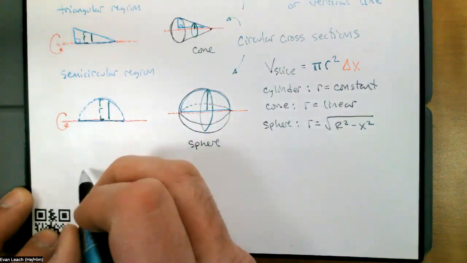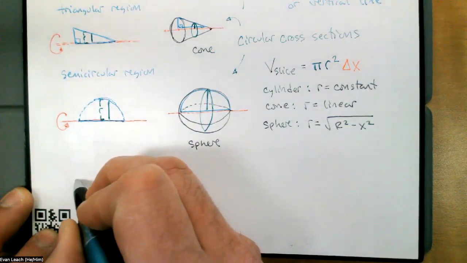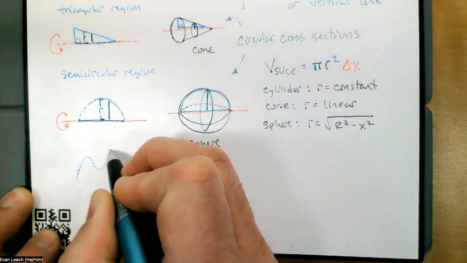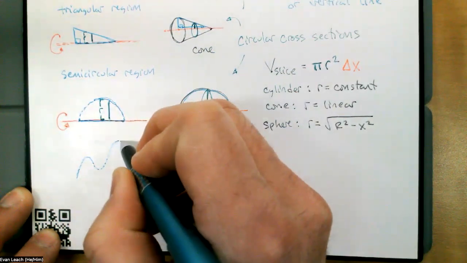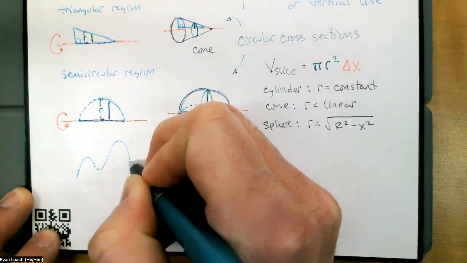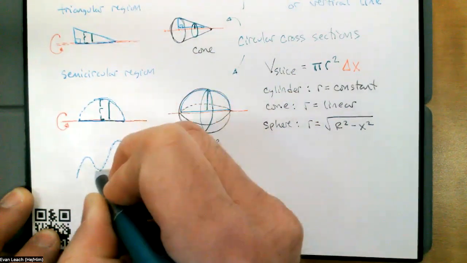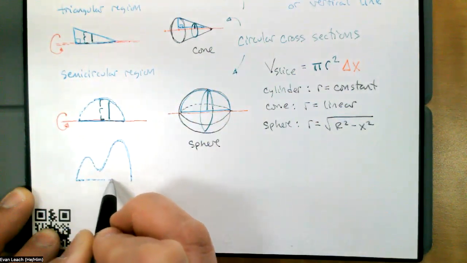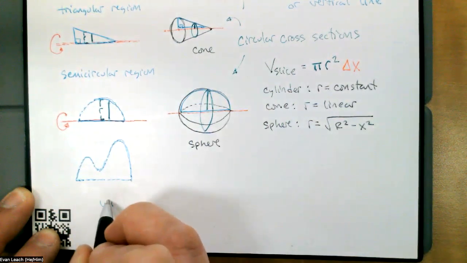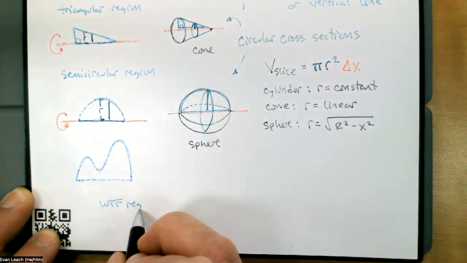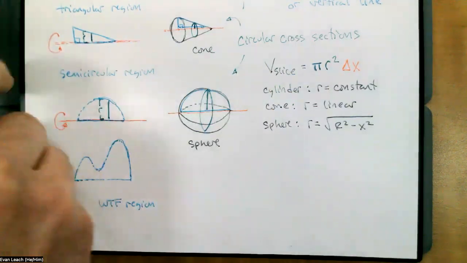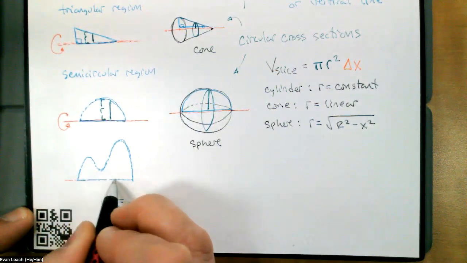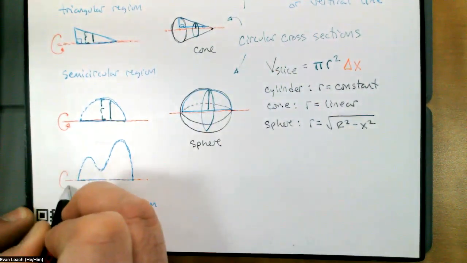But what if we have a region that is more of what we might call a WTF region? And we form a solid by rotating it about an axis of rotation.